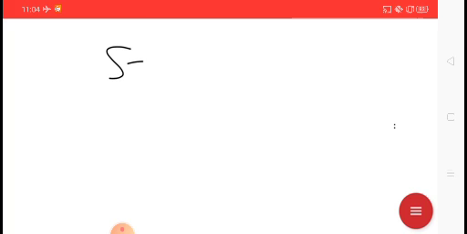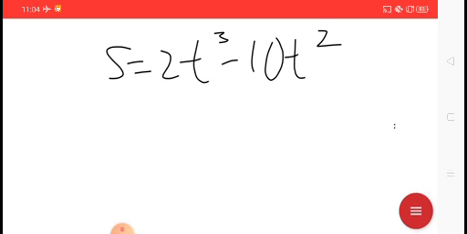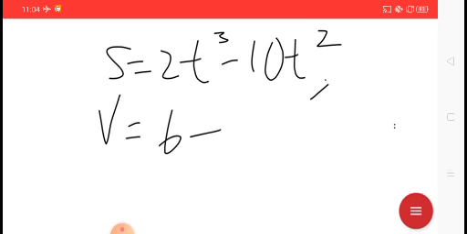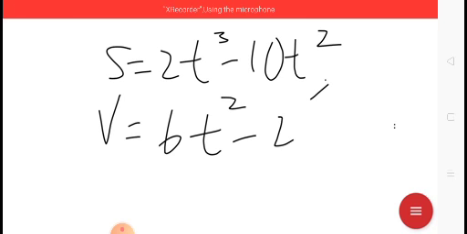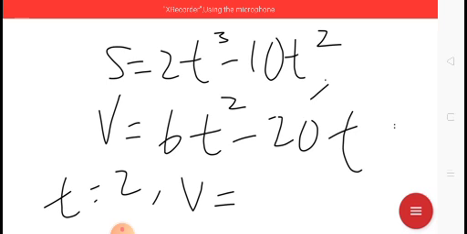Same thing: differentiate, v equal to 6t square minus 20t, so you have the v equation. When t equals 2, you have v equal to 6 times 4, 24, minus 40, you have negative 16.